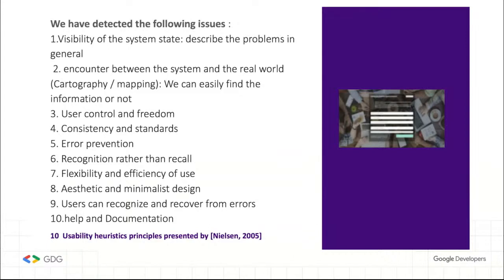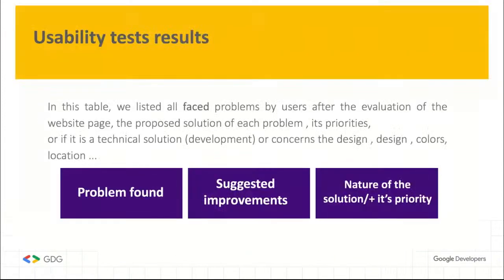Third, user control and freedom. 4, consistency and standards. 5, error prevention. 6, recognition rather than recall. 7, flexibility and efficiency of use. 8, aesthetic and minimalist design. 9, help users recognize and recover from errors. 10, help and documentation. And these are all from the usability heuristics principles presented by Nielsen that we are using in usability tests, and we have to mention in usability reports.